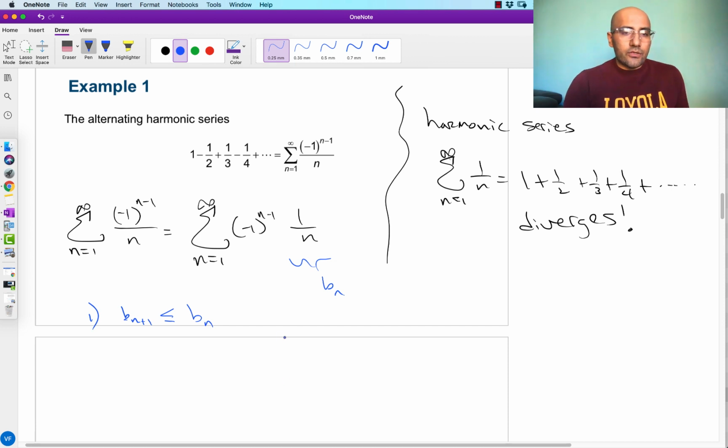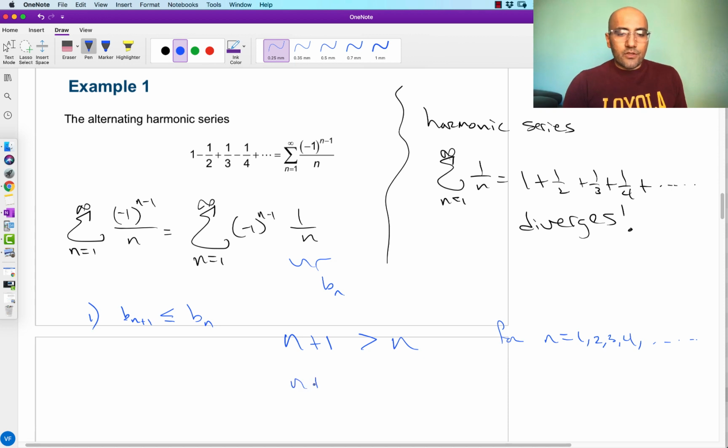Number 1, you could just show that for n equal to 1, 2, 3, 4, dot dot dot, the positive counting numbers, it's always true that n plus 1 is bigger than n.